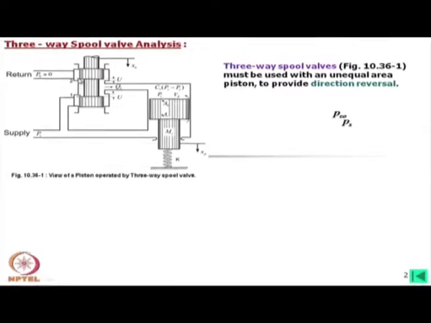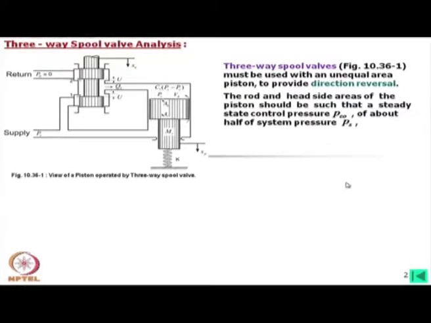This is for the control purpose. In servo valve it always happens. Now, the rod and head side, we call this is head side and this is rod side. Now, this area is designated by AH and this area is designated by AR.